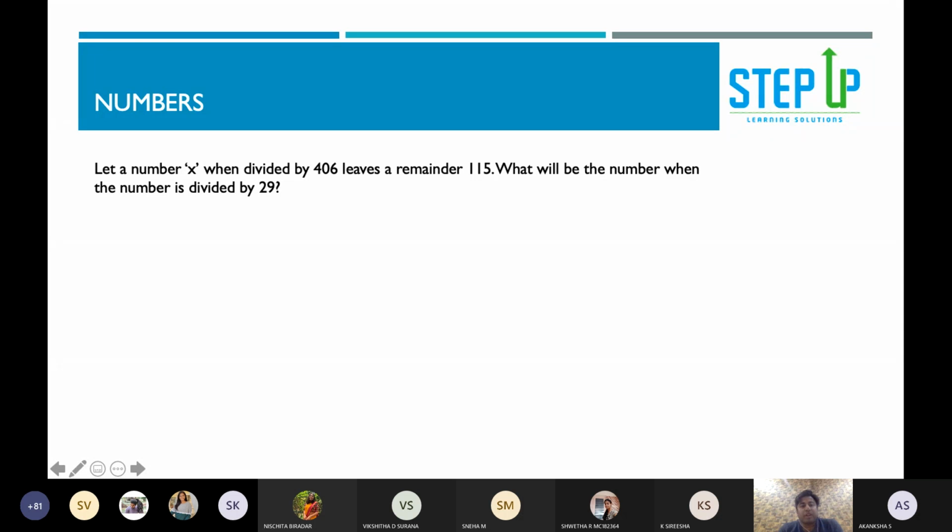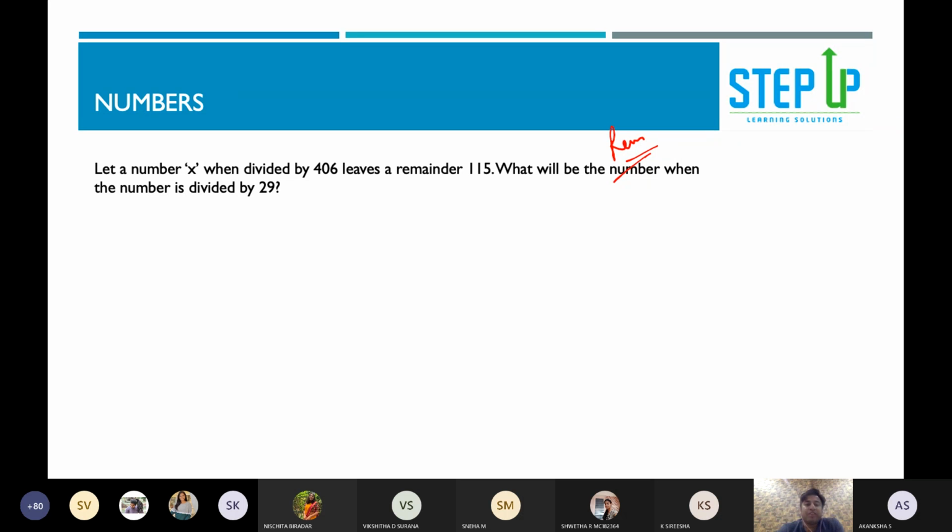So here, our number x, when divided by 406, gives a remainder of 115. The question is, what will be the remainder when the same number is divided by 29? I'll take this question in a faster way.